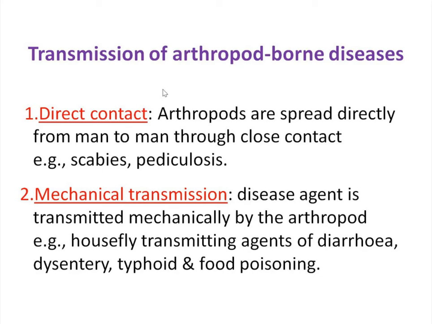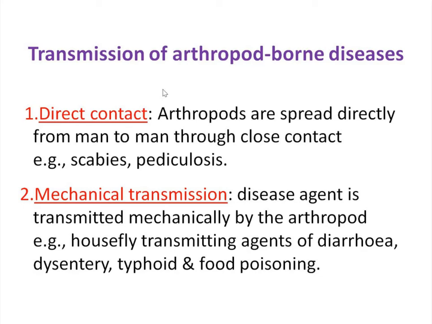So next is the mechanical transmission. Here, the disease agent is transmitted mechanically by the arthropod. The best example for mechanical transmission is houseflies. Houseflies mechanically transmit the disease from one person to other persons.